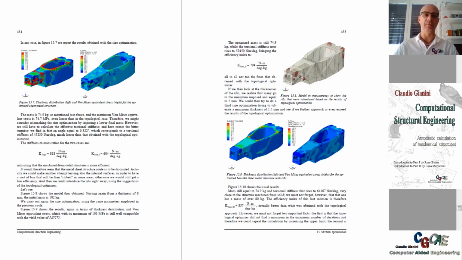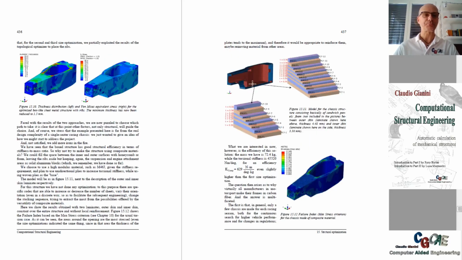So using the topological optimization to somehow drive a different concept of the structure. And this starts to be better, of course, because the connection between inside and outside is there, making it stiffer and lighter, coming to a certain solution which might be even better than the one we got from the topological optimizer.